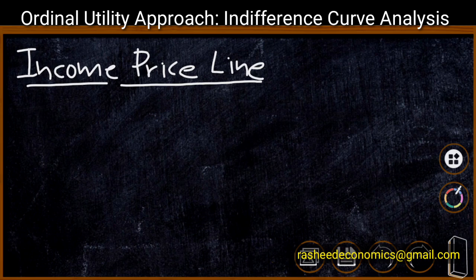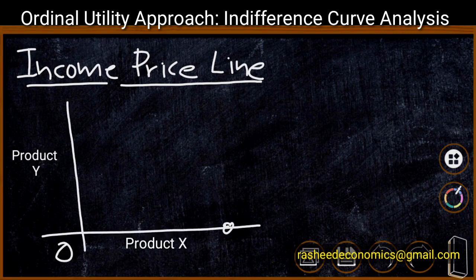Now let us plot this income price line or budget line in a diagram. We have an x-axis and a y-axis. On the x-axis we have commodity X, and on the y-axis we have commodity Y. We can plot point B as the maximum quantity of X that can be purchased by the consumer.